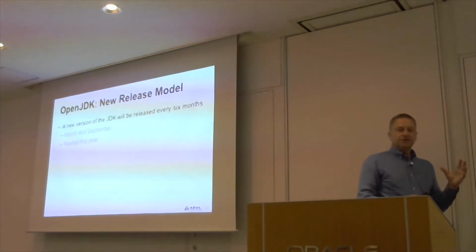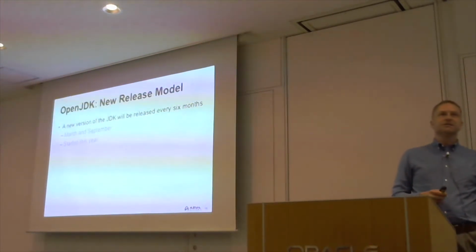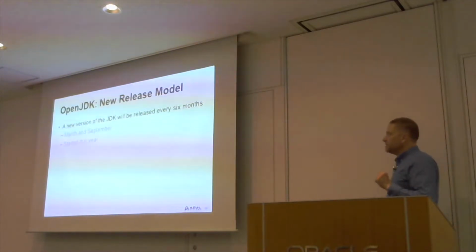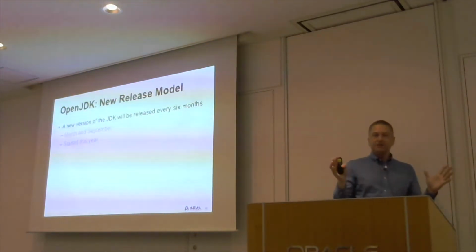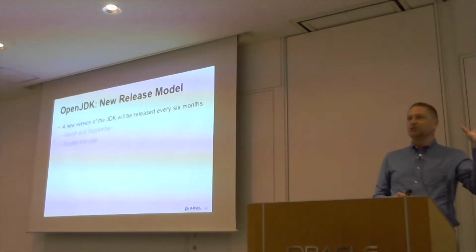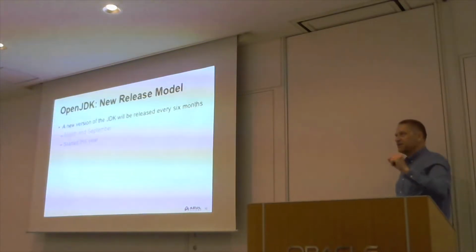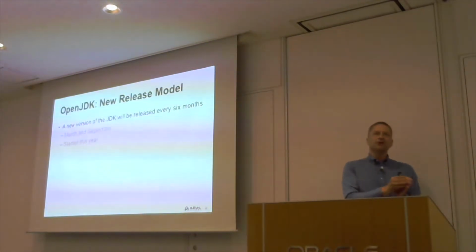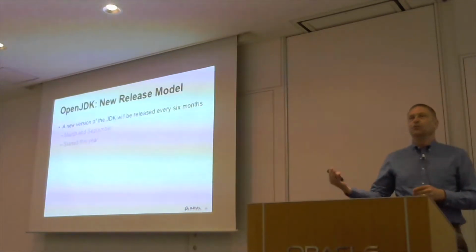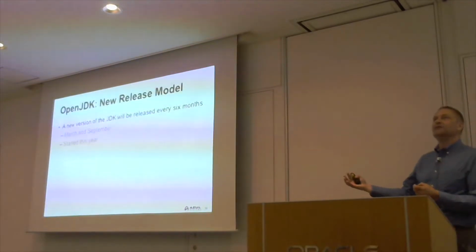The idea here is that there will now be a new release of Java every 6 months, twice a year in March and September. And we've already seen that this year, JDK 10 came out in March, which is why when I started talking about JDK 9, I said I was talking about history, because JDK 10 is the current release. JDK 11 will be coming out next month. It is actually next month now.